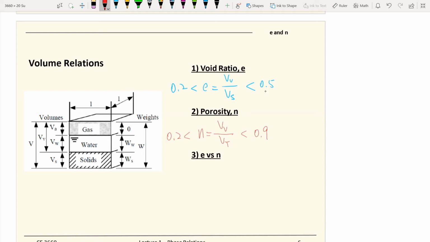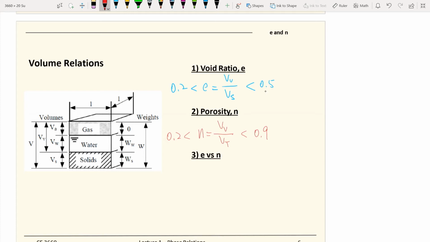Geotechnical engineers like to use void ratio to represent the density or the volume of void. That's the geotechnical application. For transportation engineering, they prefer the terminology of porosity when it comes to void and density.